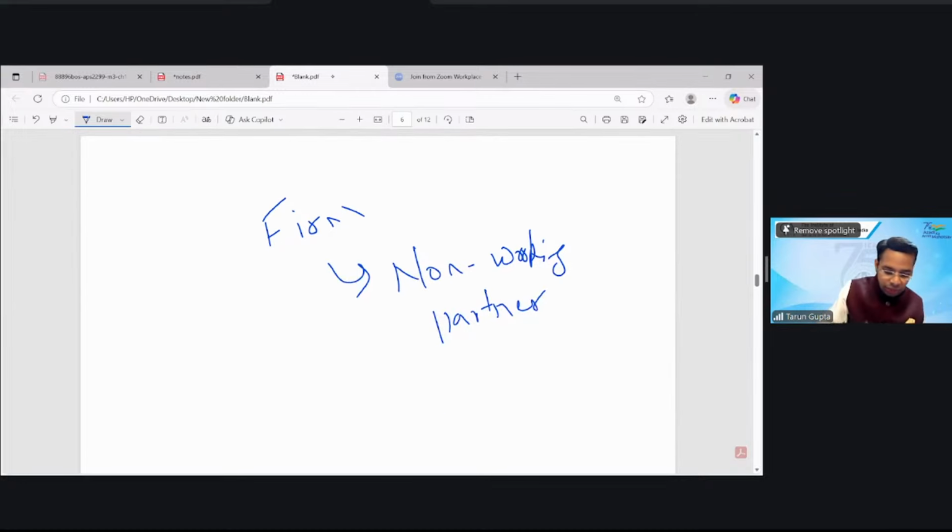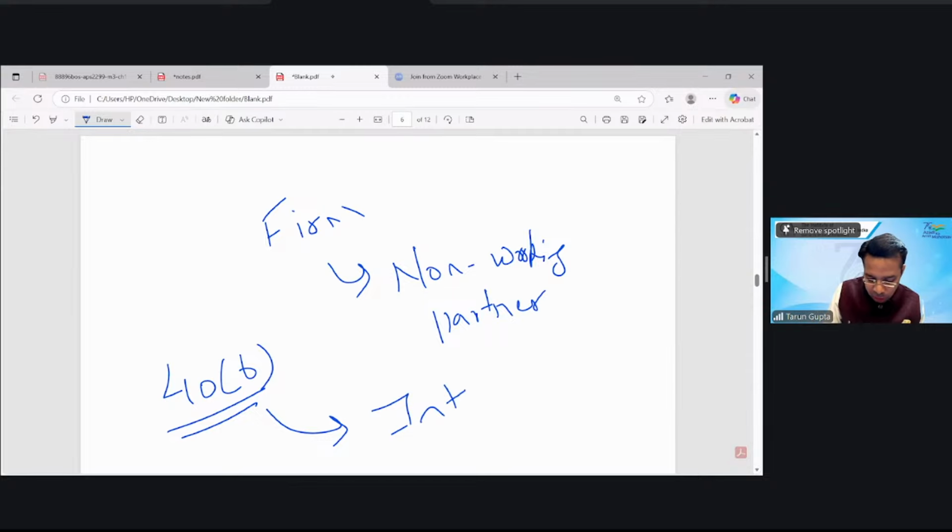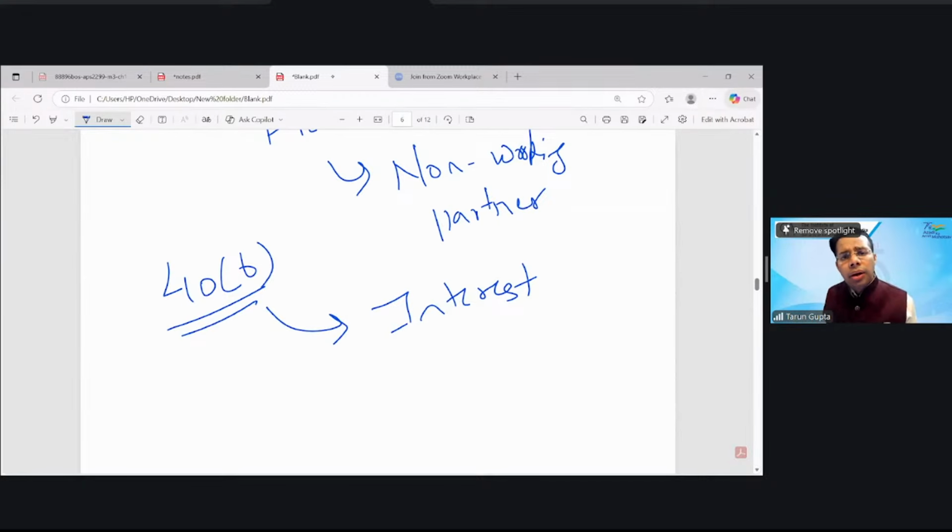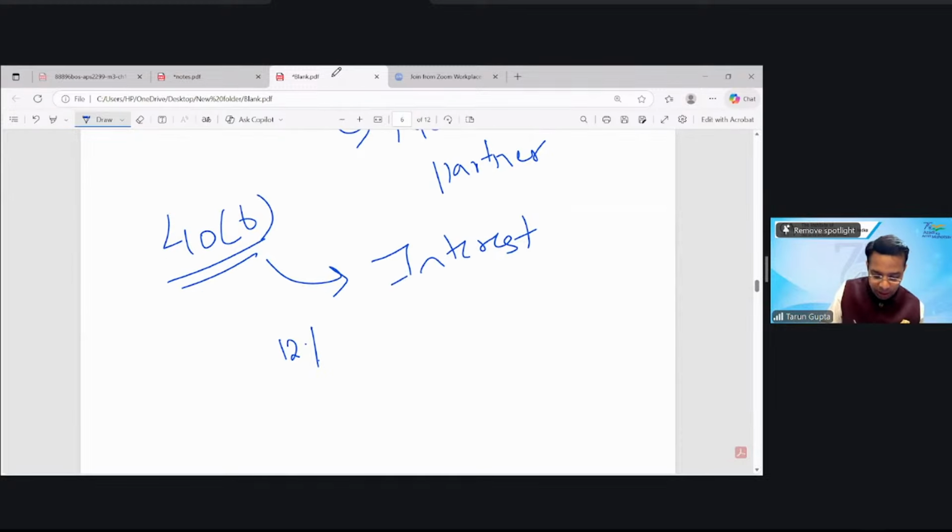If you remember, there is section 40B under the head PGBP. It allows interest paid to the non-working partner. What it says is that interest paid to any partner is allowed subject to the rate of 12%. It disallows the salary paid to the non-working partner. If any salary is paid to the non-working partner, disallow.